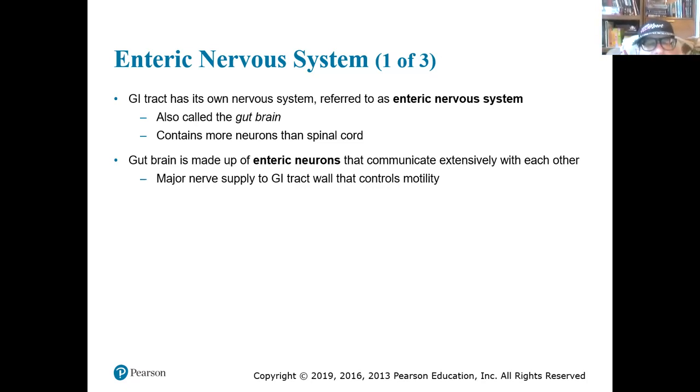So the gut brain enteric neurons communicate extensively with each other, basically because you have to coordinate what one organ is doing so the next one is ready. Whenever the chyme, the mixture of food and stomach acid, comes out of the stomach, the stomach is designed to handle this acidity.